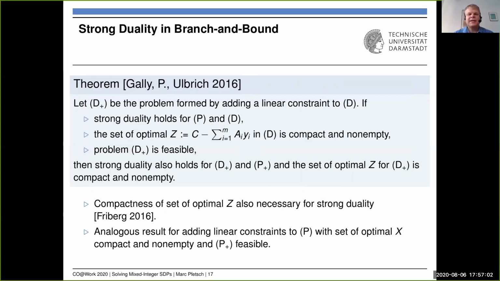So this says at least strong duality is inherited in the tree. So if I add linear constraints and the conditions are satisfied, then all of the SDPs in the nodes deeper down in the tree also satisfy strong duality.